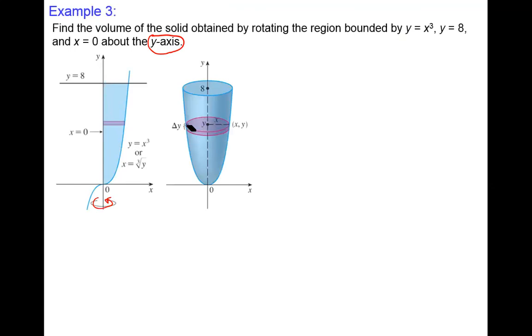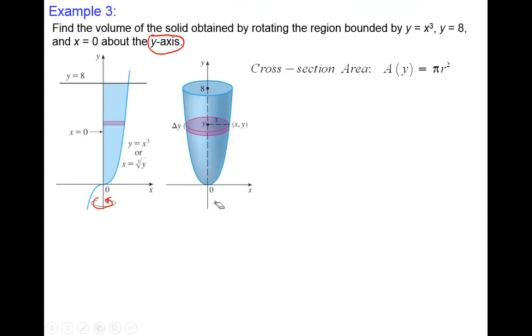Because in order to get this cross-sectional area, I took the knife on my plane and cut it this way. That means I sliced along the y-axis from 0 to 8.